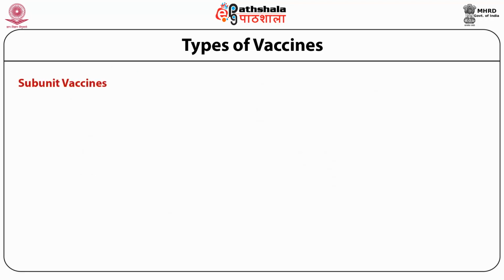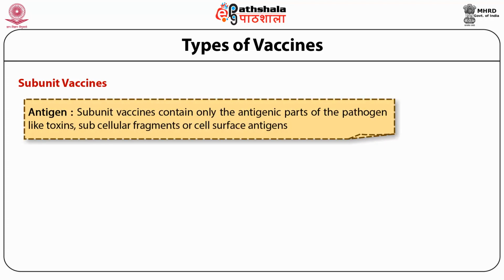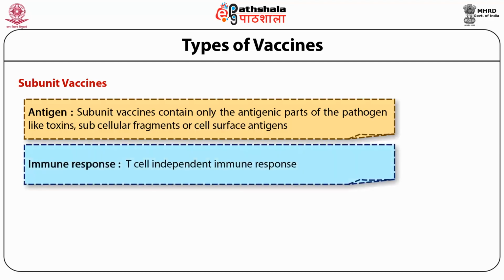Subunit vaccines. So as the name suggests, there is some part of the pathogen which has antigenic properties, like toxins, subcellular fragments or cell surface antigens. So all these are used as antigen in subunit vaccines. Again, this type of vaccine does not induce T cell immune response, only antibodies are induced.